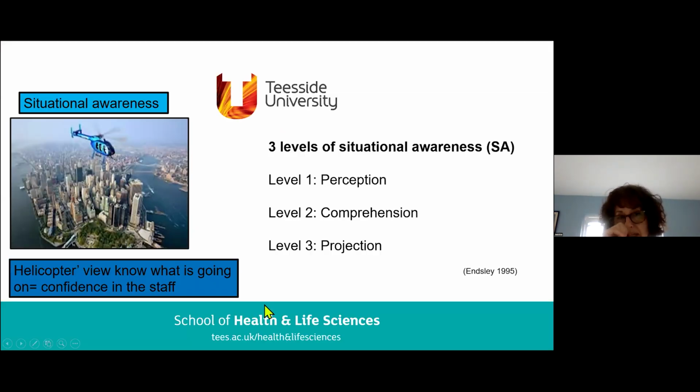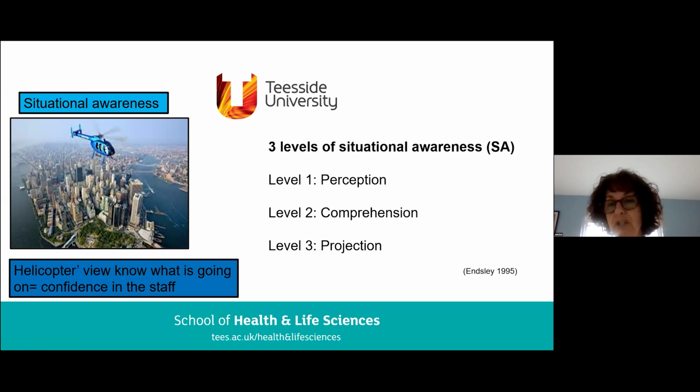The first thing that I found from all levels of staff was that a really good coordinator is situationally aware. They have the helicopter view, not just of the labour ward, but of the other wards that impact on maternity, for example, the postnatal ward area, the antenatal ward, and any home births that are taking place. Now, Mica Endsley, who's done a significant amount of work within aviation, describes 3 levels of situational awareness, and I intend to present using her framework.